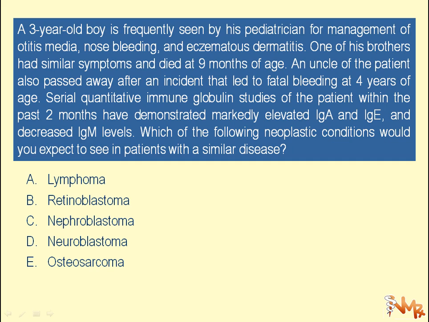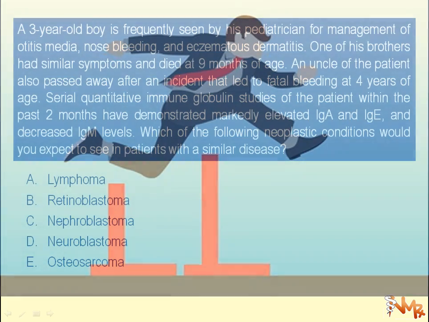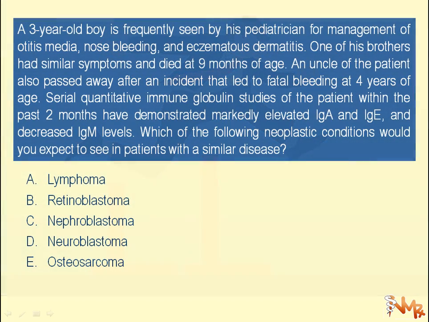Which of the following neoplastic conditions would you expect to see in patients with a similar disease? As you can tell, this is a double jump question, and we have to choose among lymphoma, retinoblastoma, nephroblastoma, neuroblastoma, and osteosarcoma.